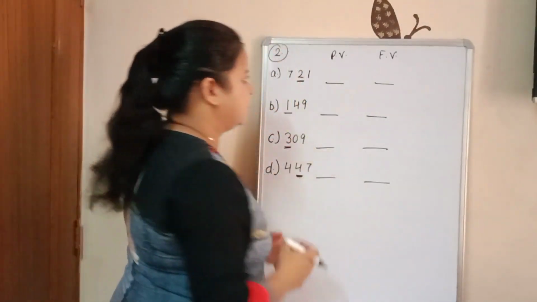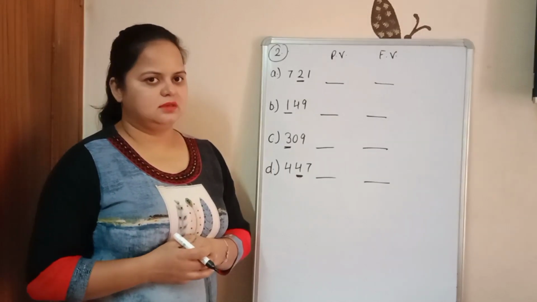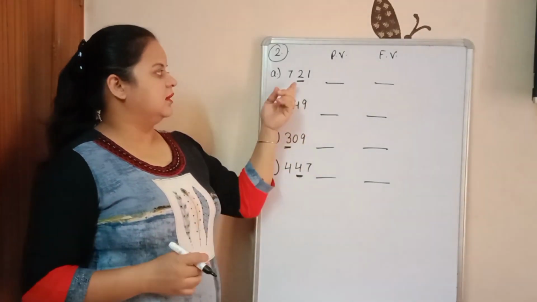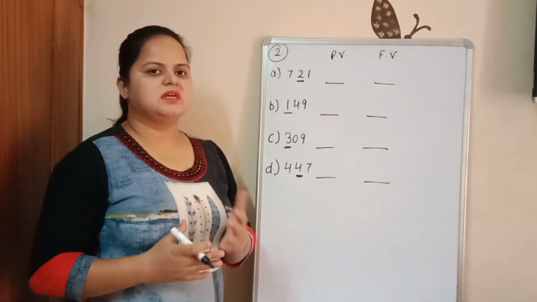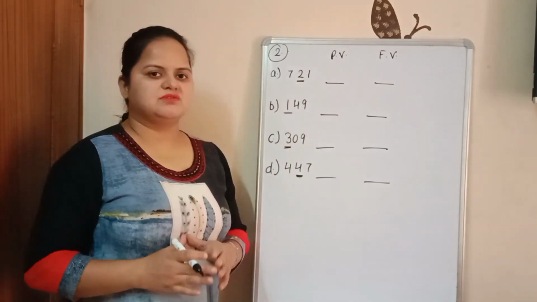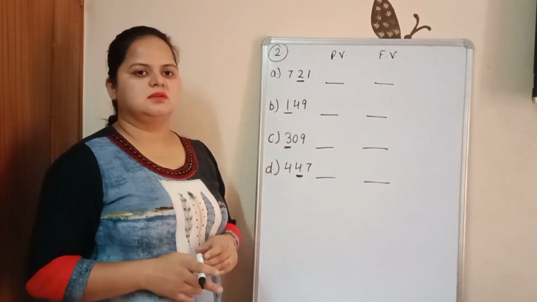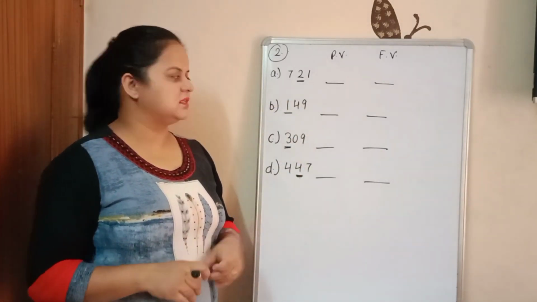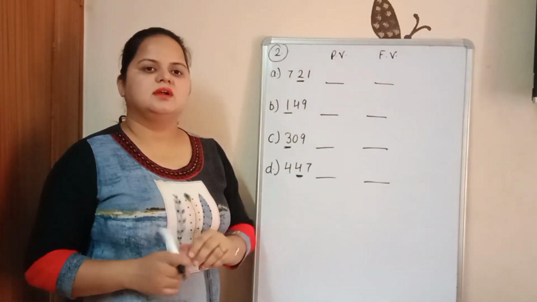Now we have to write the place value and face value of the underlined digits. Here we have to write the place value of 2. What is the place value of 2? Place value means on which place the number 2 is placed. On which place is 2? See, ones, tens, 100. 2 is placed on tens.